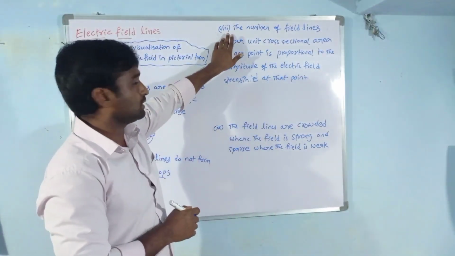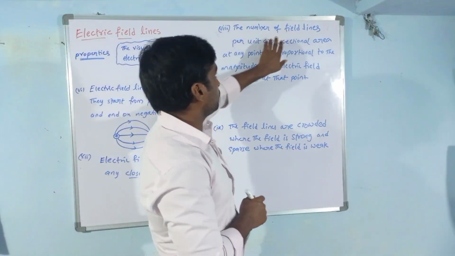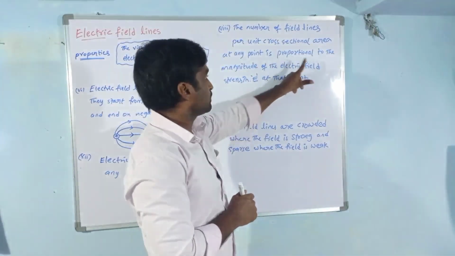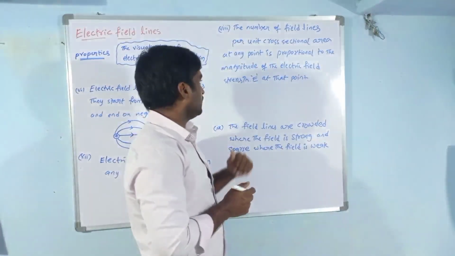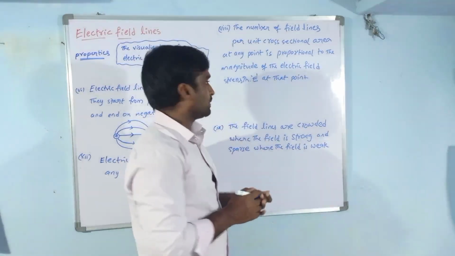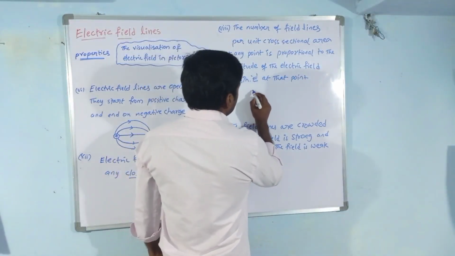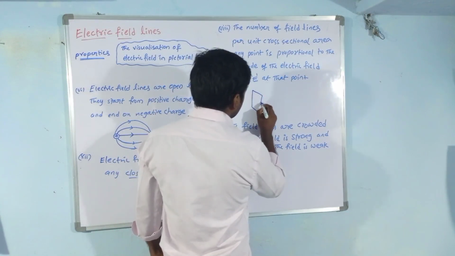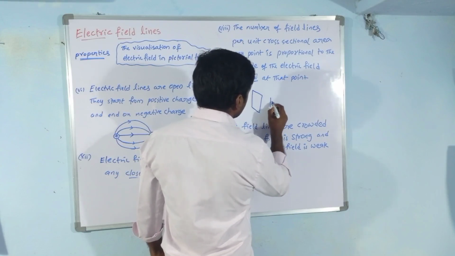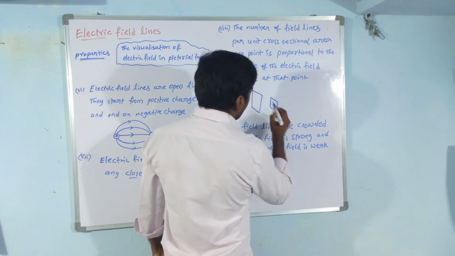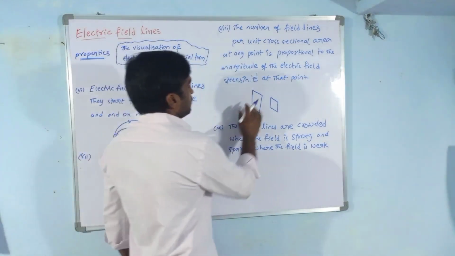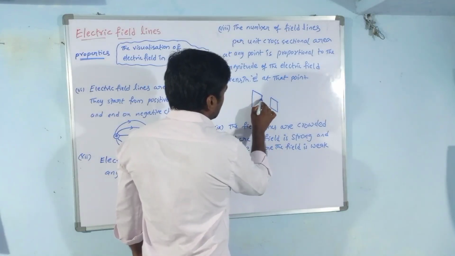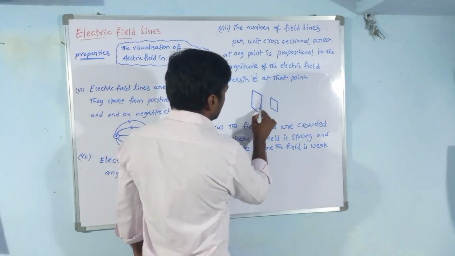Suppose this is a surface, and this is another surface. I am taking two surfaces, each a unit cross-sectional area. Suppose these surfaces are perpendicular to the electric field lines.